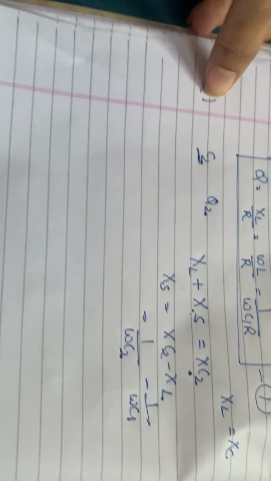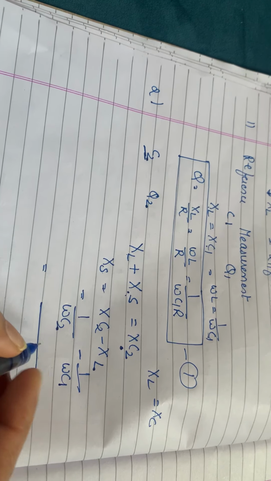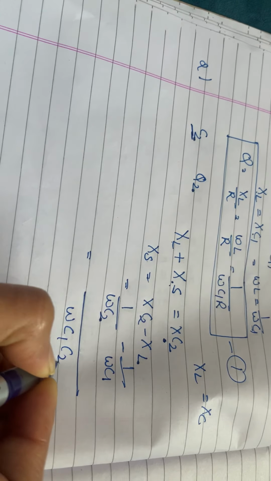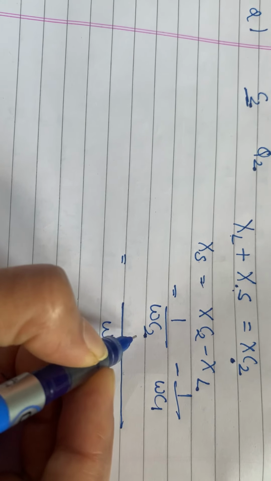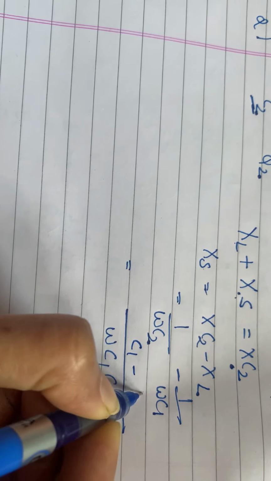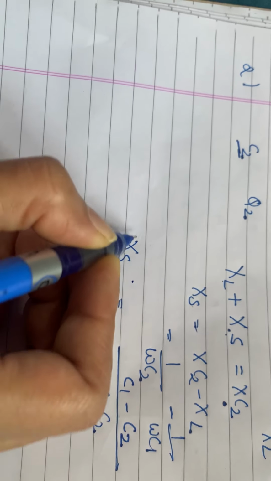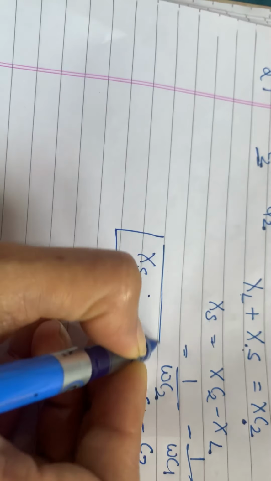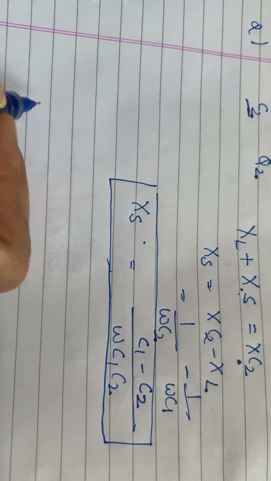Now, simplifying the two, taking the denominator omega C1 C2, we have here C1 minus C2 in the numerator. This is the equation of the XS, which can be either inductive, capacitive or resistive in nature.